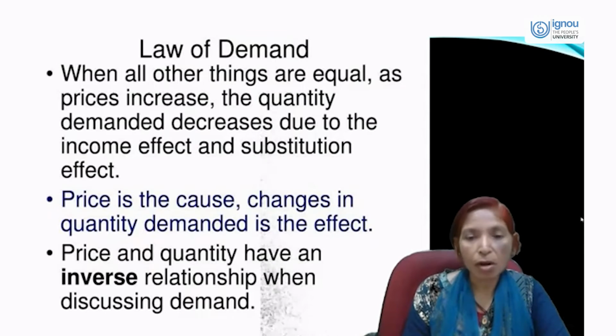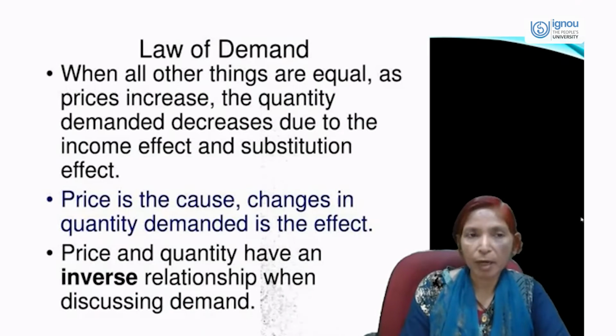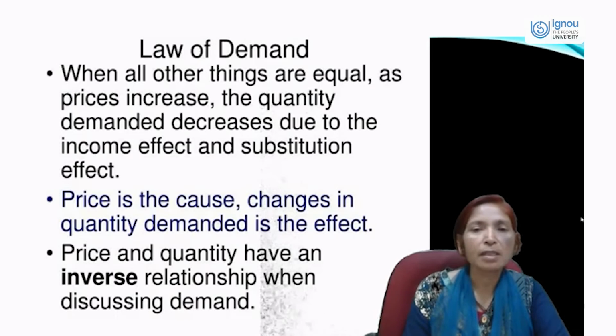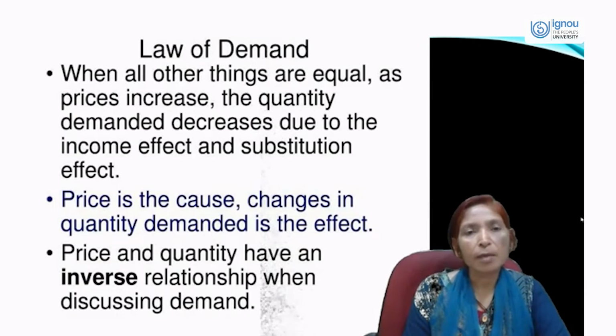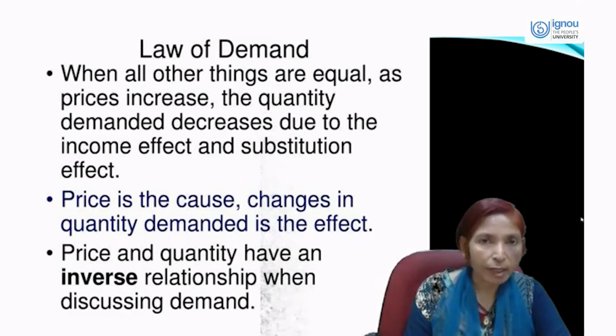Price is the main cause, and the change in quantity demanded is the effect. So price and quantity have an inverse relationship when discussing demand. If other things remain constant, as price rises, quantity demanded decreases due to the income effect and substitution effect.